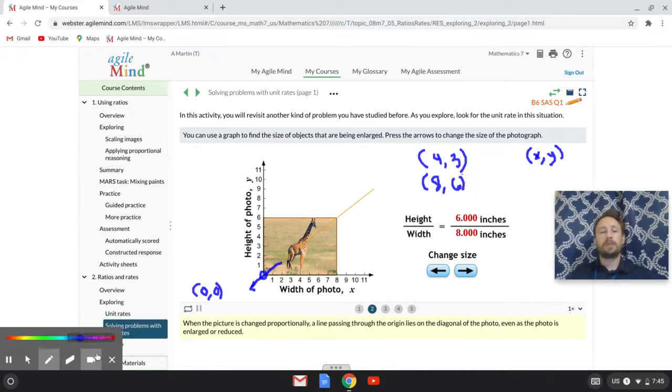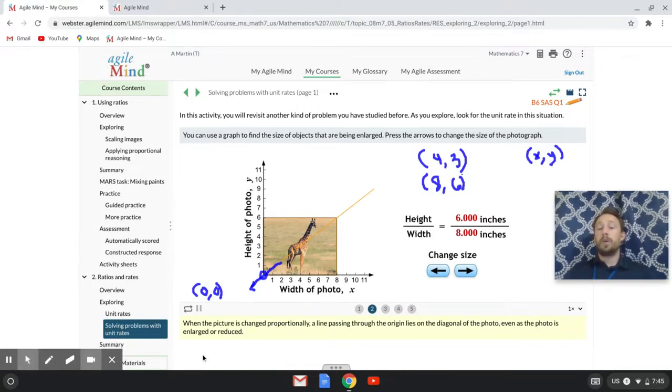All right, let's see if we can find another ordered pair that has to do with a whole number. Or you could think, how could I come up with another ordered pair? What is 4 and 3 both being multiplied by to get 8 and 6? 2. 4 times 2 is 8, and 3 times 2 is 6.